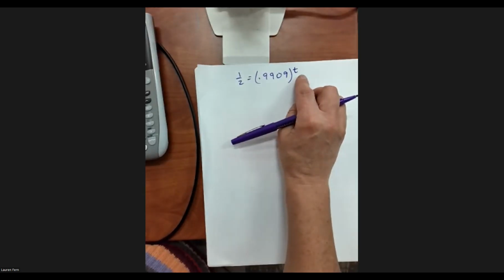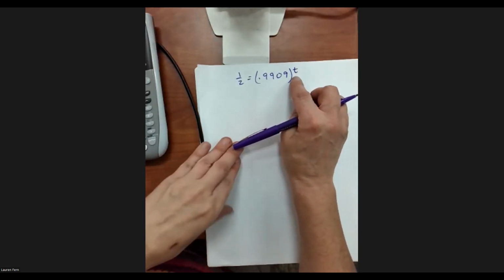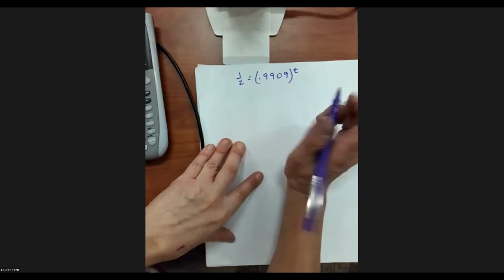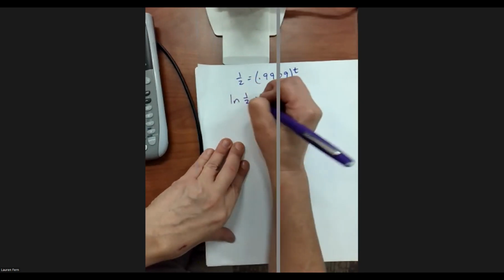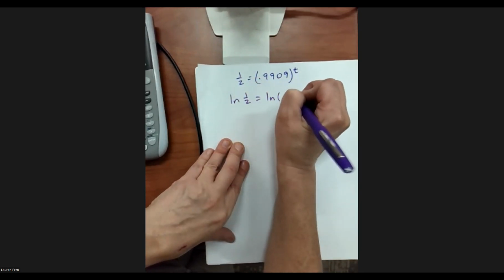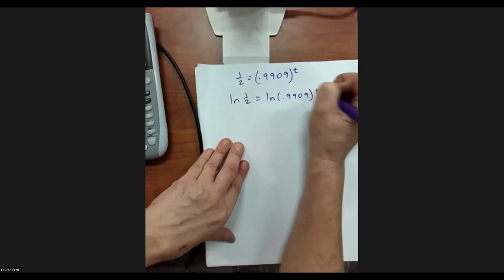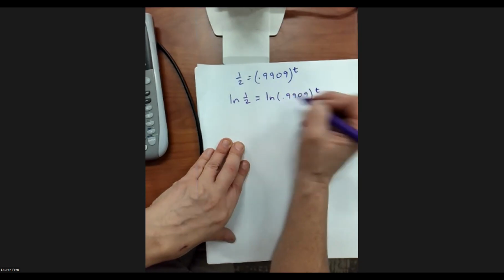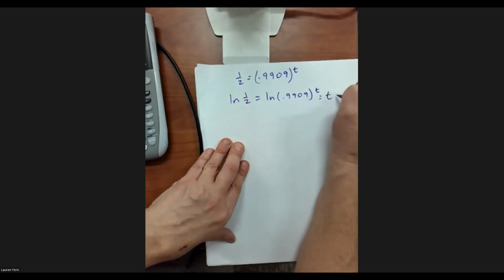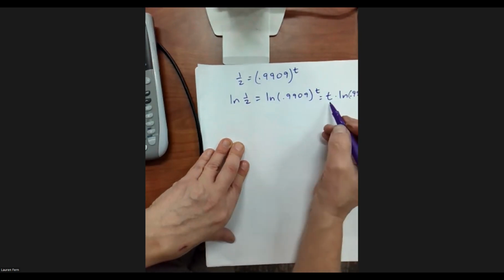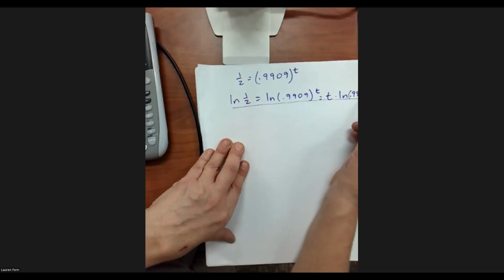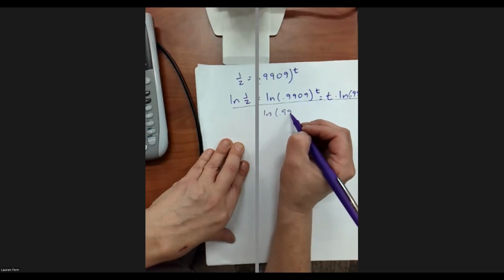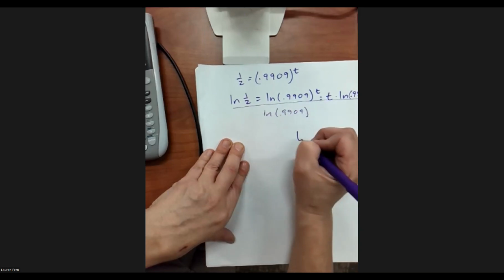Notice I want my exponent. How do I get to my exponent? Log both sides. So we get the natural log of 1/2 is the natural log of 0.9909 to the power of t. The beautiful thing about taking the log of both sides is you can bring your exponent down in front. So in order to get t alone, we'll divide both sides by the natural log of 0.9909.